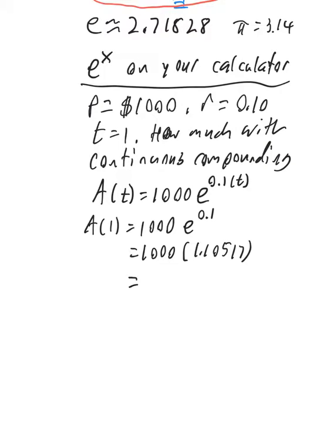So then we're going to end up with $1,105.17. So we get an extra $5.17, not a big deal, with continuous compounding versus if we did annual compounding.